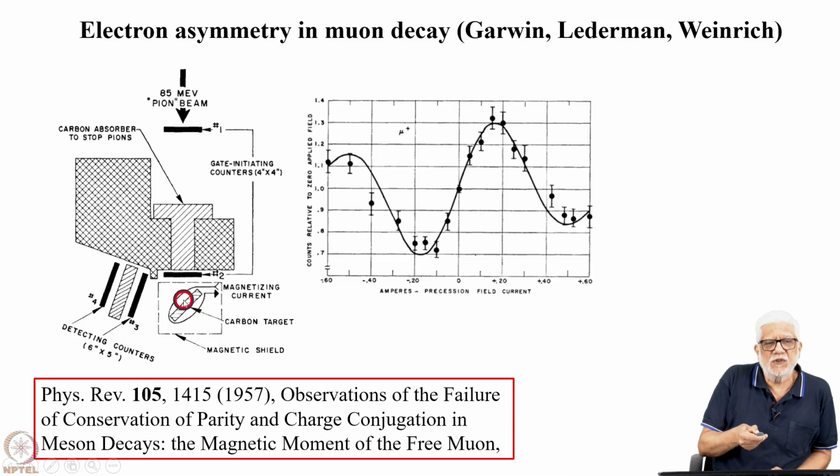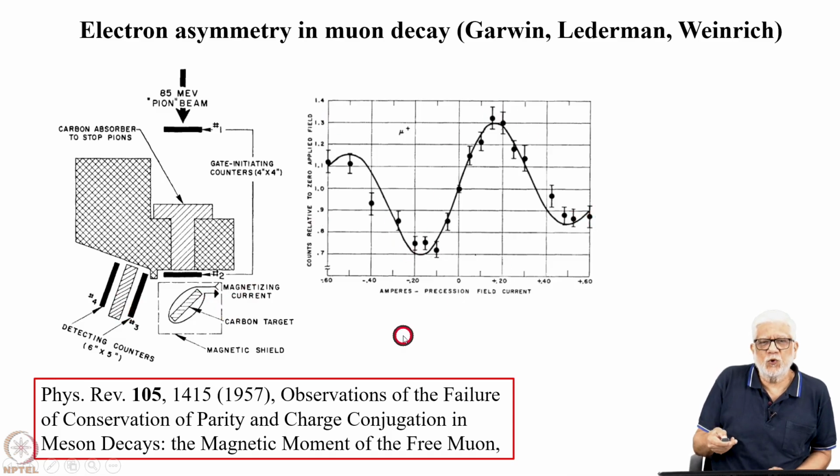So, there is a coil which gives rise to a small field, and this muon can then precess around this magnetic field. So, what they measured was the count rate as a function of the field current, and the detector is fixed of course. So, you find that the count rate changes in this oscillatory manner.